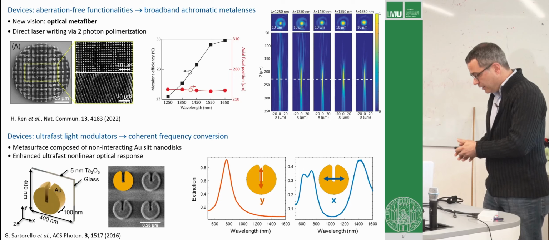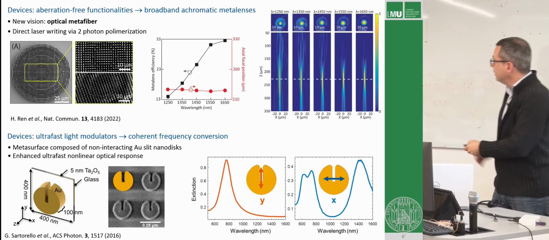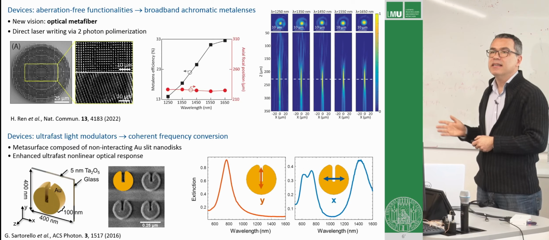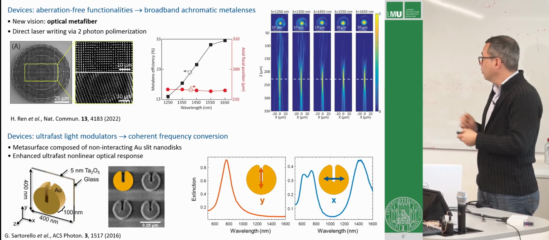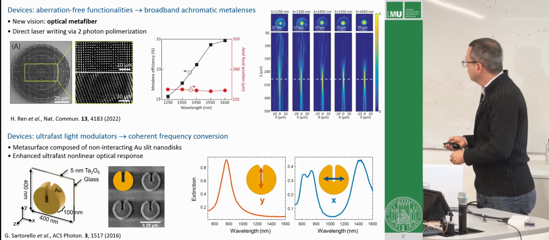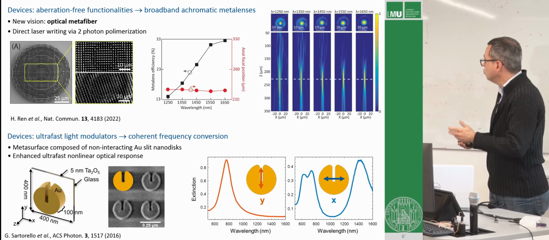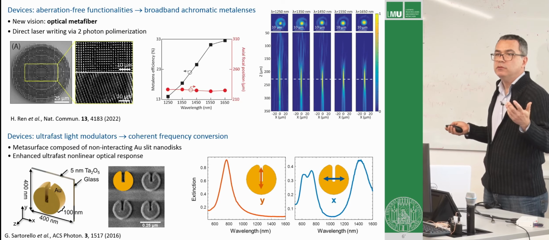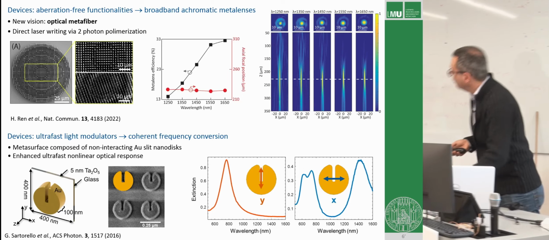In any case, you can use these resonances, for example, in order to enhance the conversion efficiency of incident light. So if you have, for example, light at 1200 nanometers or so, they will feel a much enhanced local field, and then the conversion efficiency will be much larger.